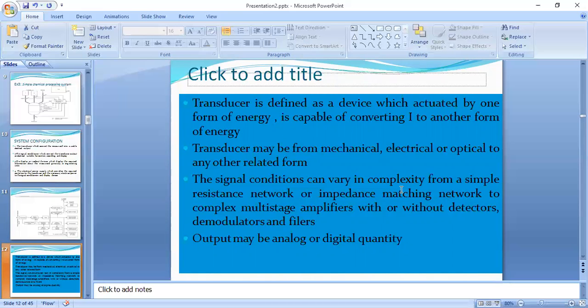That means the simplest form of the display device is a common panel meter with some kind of calibrated scale, or a printer. With the advance of computer technology, the analog signals are invariably converted to digital format through an analog to digital converter.